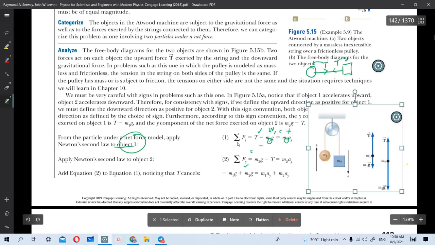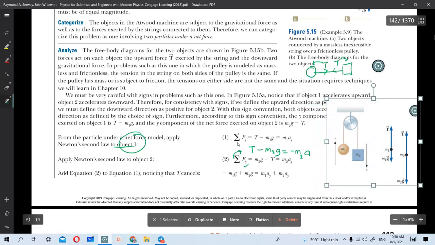Up, which is tension, down, M2g. So T minus M2g is equivalent to negative M2a. So this is the expression.